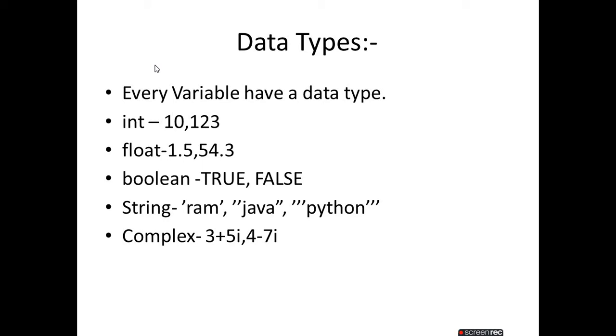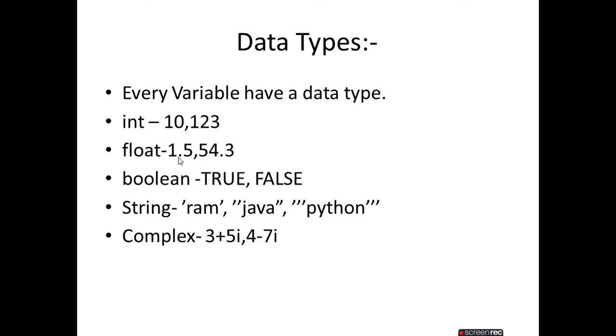For example, Python has some built-in data types, that is integer, like int. Like 10 or 123 is an integer number, where the data type is integer.